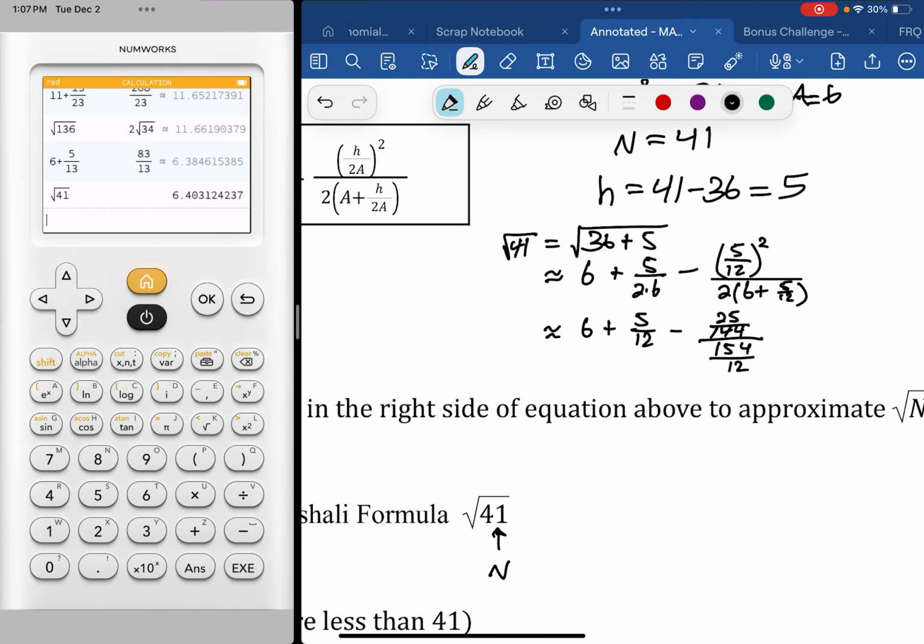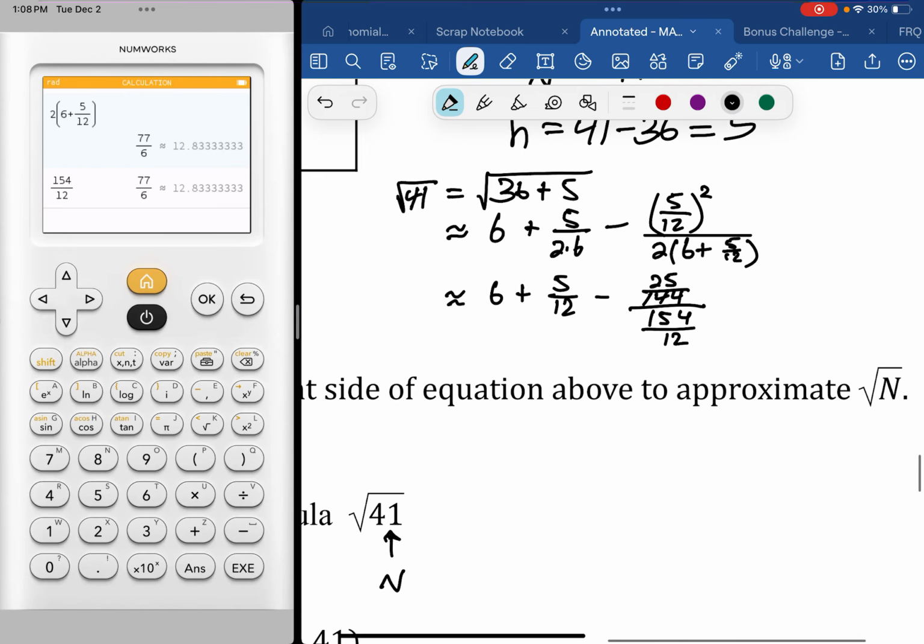I'm probably trying to do way too much mental math here, so I'm just going to give that a quick double check. Probably find out that I'm horribly wrong. 2 times, if I simplify it, it would end up being the same thing. Let me double check that, make sure I'm not lying. Yeah, same thing. Okay, so I don't feel terrible about that.